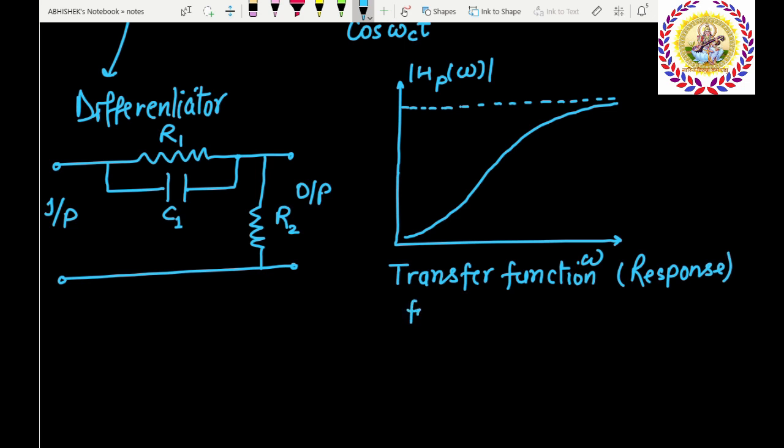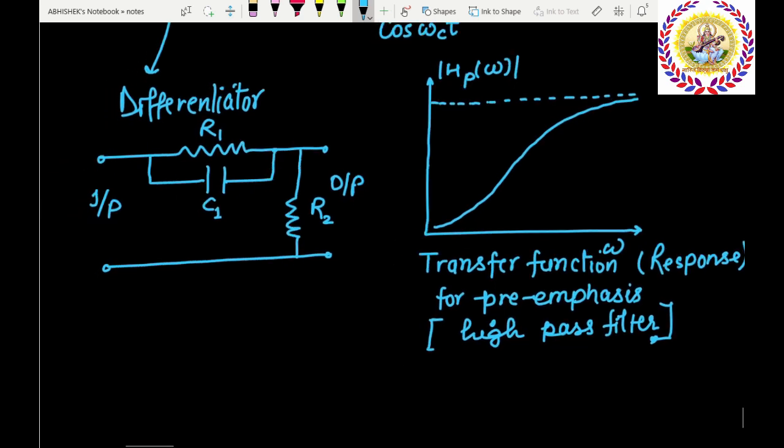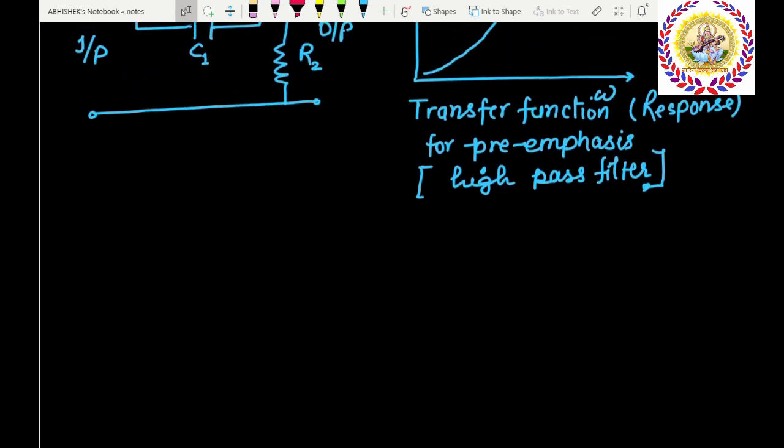For preemphasis, high pass filtration is clearly visible in this figure: when we feed our message into this preemphasis circuit, it suppresses the low frequencies and boosts the amplitude of the higher frequencies.